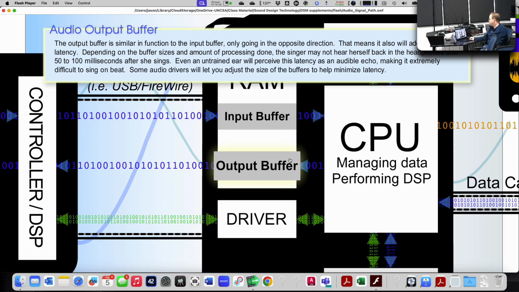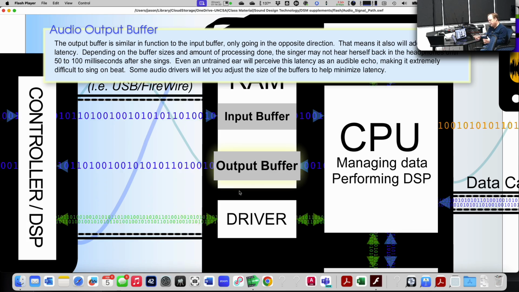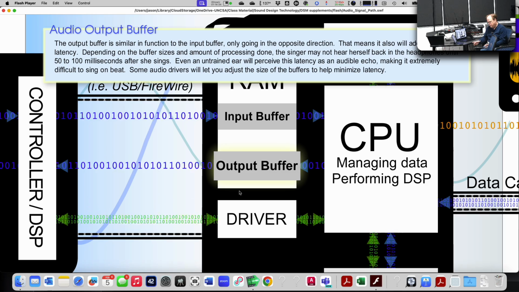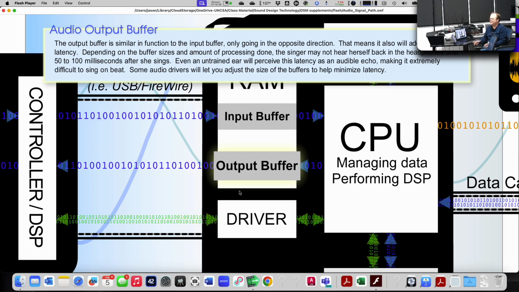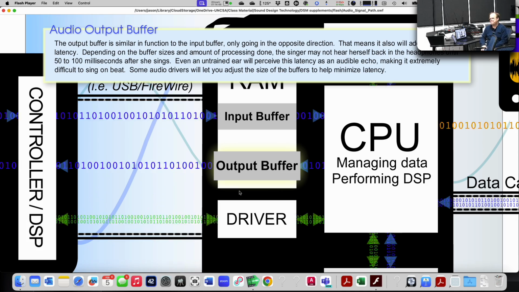So what you're looking for here is a big enough buffer that the CPU can take long breaks without you running out of audio. So your output buffers tend to be much higher than your input buffers.